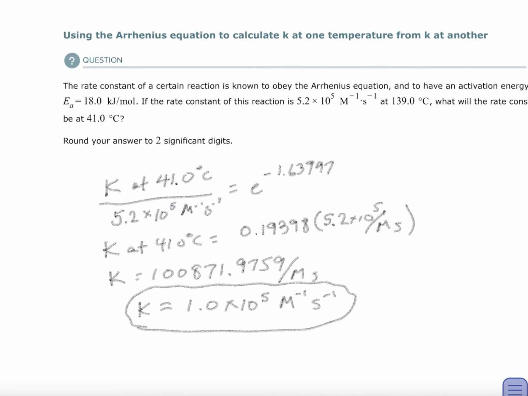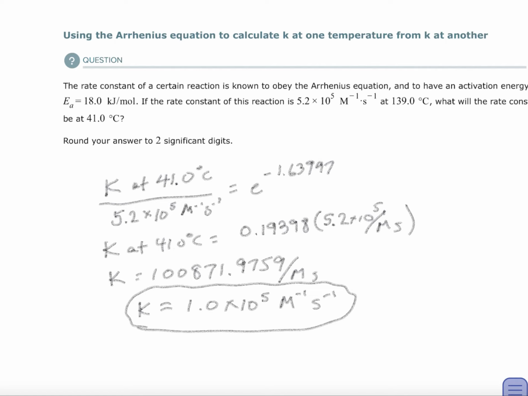So when you put them together, I've got the K, which I'm trying to find. That's the one at the 41 degrees, divided by the K at the lower one, which they gave to me. So 5.2 times 10 to the 5 equals e to the negative 1.3997.